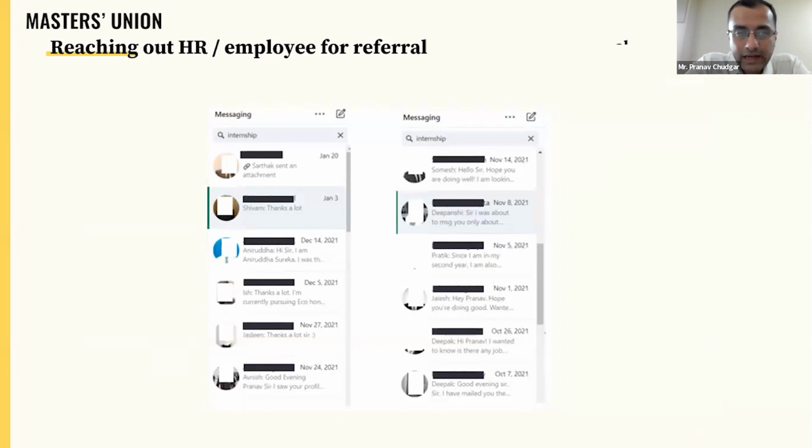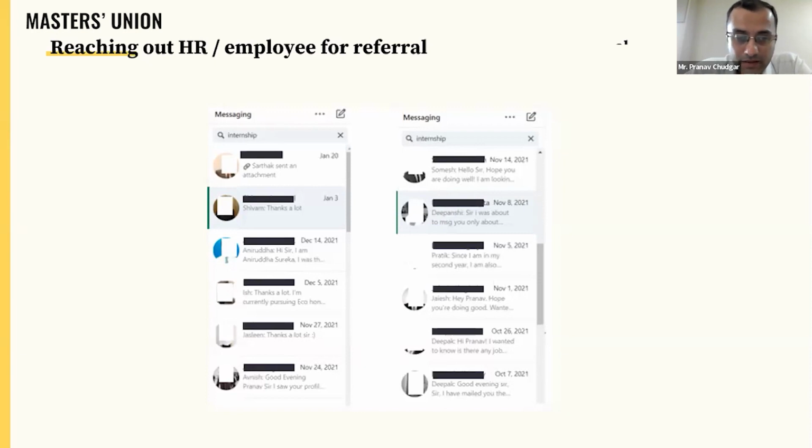Typically any candidate feels that if I want a job, I have to find HR on LinkedIn and message them asking if they have an opening, or reach out to anyone working in that company and ask whether there is any opening. Obviously, that's what we all feel is the right approach, but that's just a partial approach. It's only half approach, half baked.